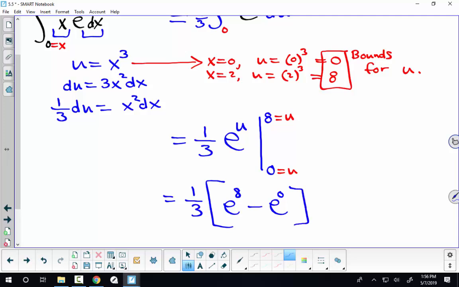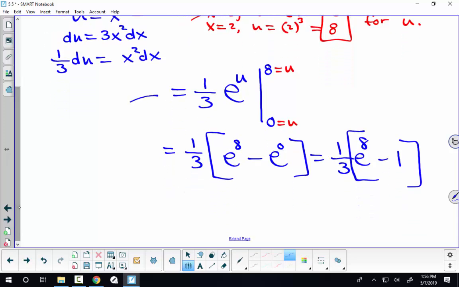So would it just be 1/3 times e to the 8 minus 1? Yeah, because you're writing it as 1/3 times the quantity.